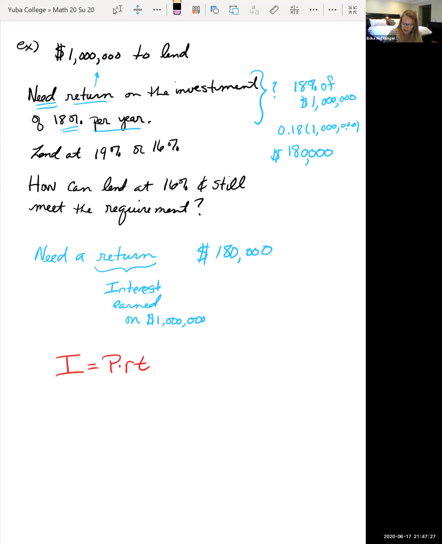So we know that $180,000, which is our interest, has to equal some PRT plus PRT.